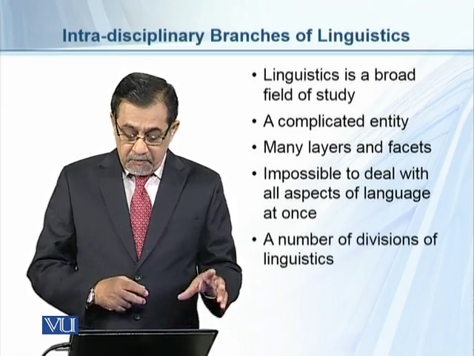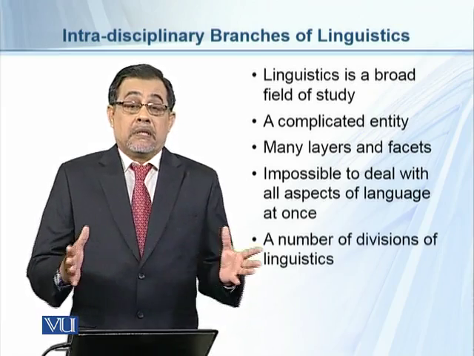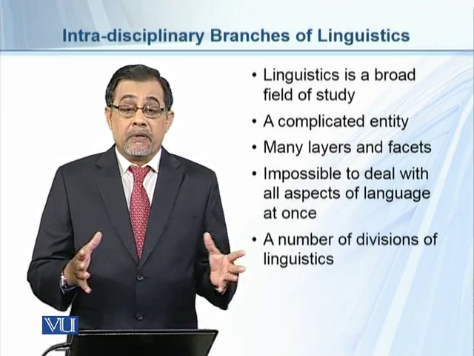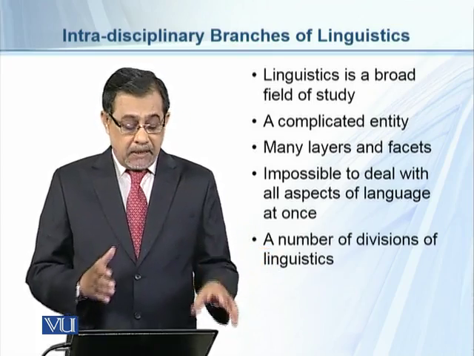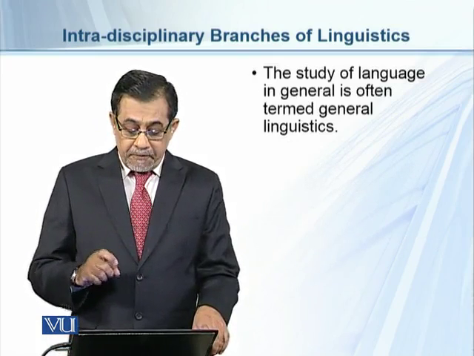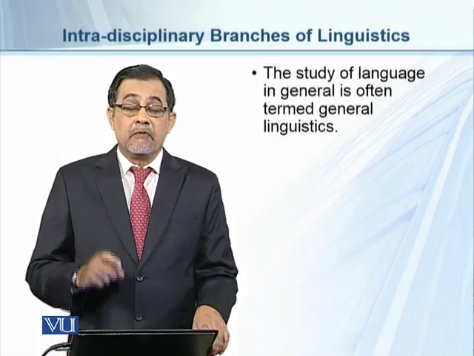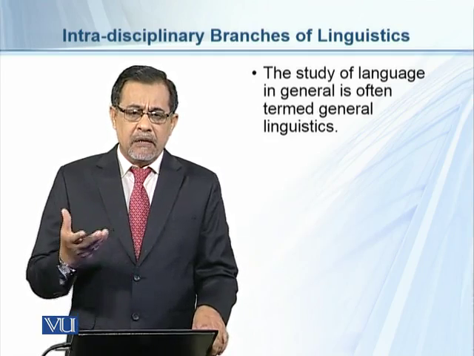A number of divisions of linguistics. Linguistics is divided into a lot of branches, so we have to study each branch separately. The study of language in general is often termed general linguistics. So when we are generally studying linguistics, it's general linguistics.